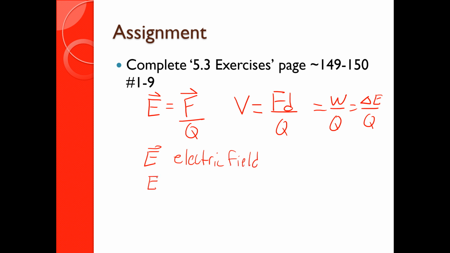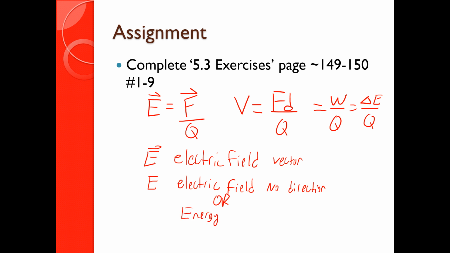and E without the arrow, you have to be very careful about how you define this. So this is electric field vector, and this will mess you guys up a lot, simply because of how we've defined energy. Electric field, no direction. Or energy.